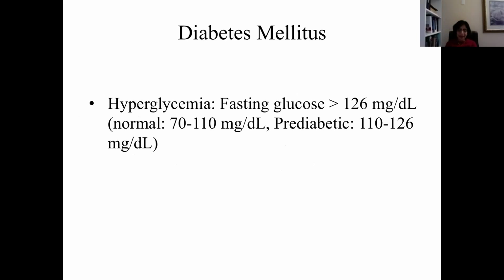Then there is that window between normal and hyperglycemic. That is what you call pre-diabetic. That's where you bring in the 110 to 125 range. And over 126 milligrams per deciliter is where you say it is hyperglycemic, diabetic.